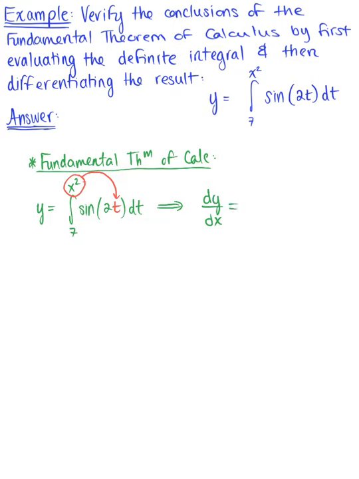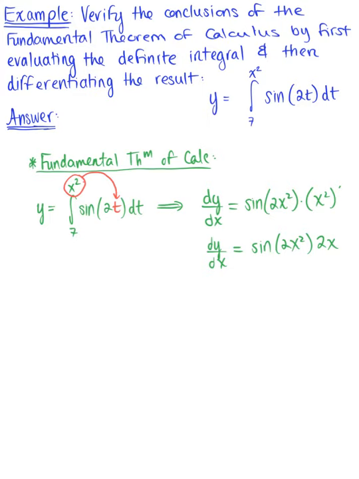So dy dx should be equal to sine of 2x squared multiplied by the derivative of x squared, which is 2x. So dy dx should be equal to sine of 2x squared multiplied by 2x.